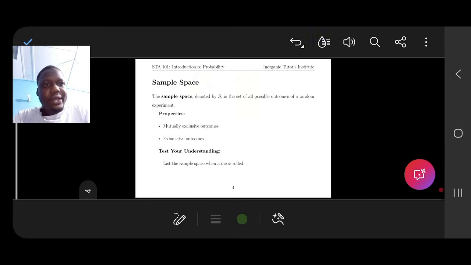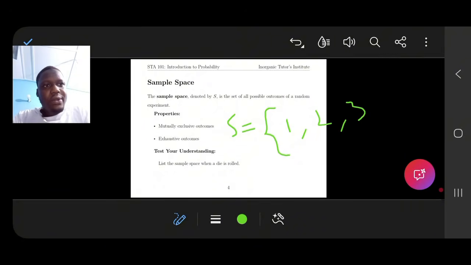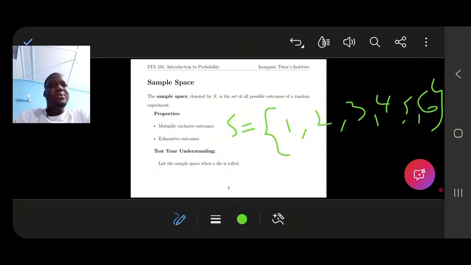So we have S equals, open brackets, 1, 2, 3, 4, 5, and 6. Then you close the brackets. So this is how we write the sample space for rolling a die.